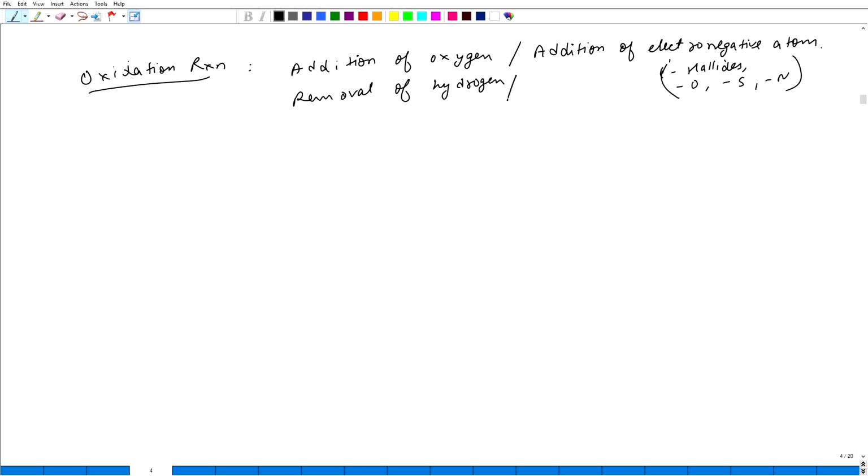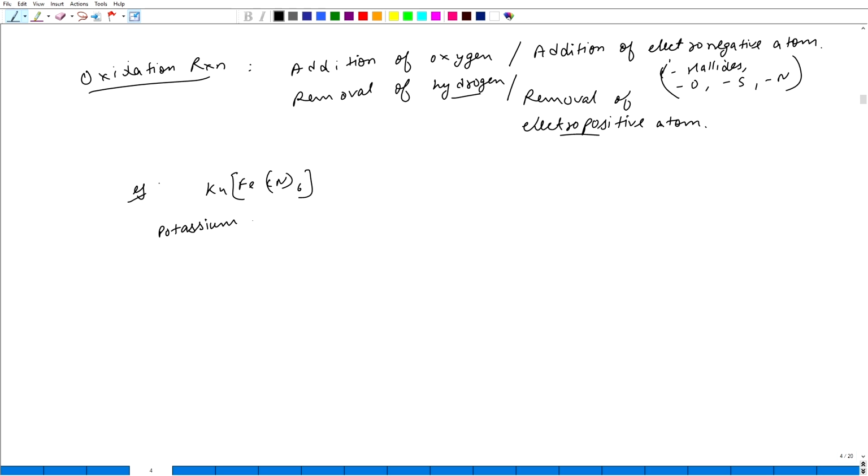Similarly, I say removal of hydrogen, hydrogen is an electropositive atom. Similarly, removal of electropositive atom. Now, how is this removal of an electropositive atom? One example is this complex called potassium ferrocyanate.